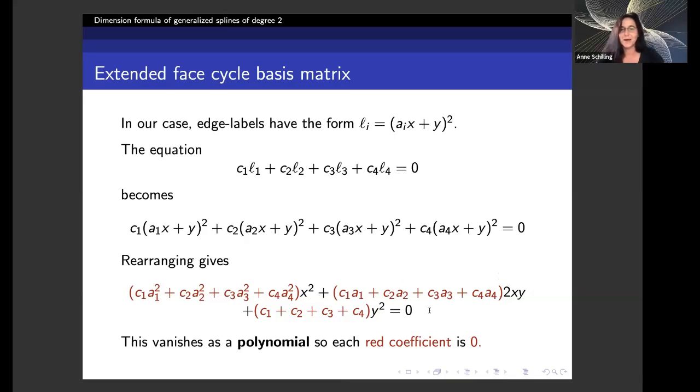If I expand that out, I get that the sum of the squares of these labels a_i has to add up to 0, the sum of just these a_i has to add up to 0, and these coefficients themselves also have to add up to 0. So for every cycle, because we are in degree 2 and therefore look at coefficients of x squared, xy, and y squared, I get 3 conditions on these coefficients a_i that specify my edge labels.